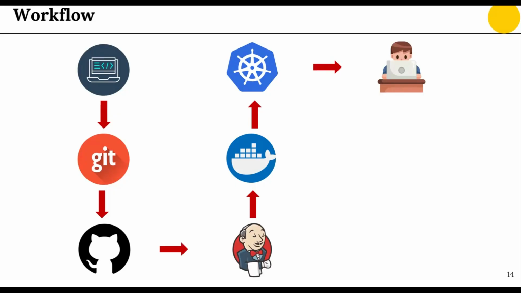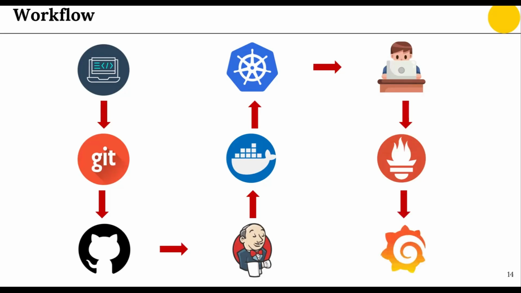Once the application is accessible for the end user, we are also going to do the monitoring part by using Prometheus and Grafana. And also, I'll try to show how to work with ArgoCD so that we can have continuous deployment using ArgoCD as a tool, by using the GitOps approach. This is the complete workflow that we are going to do as part of this project.